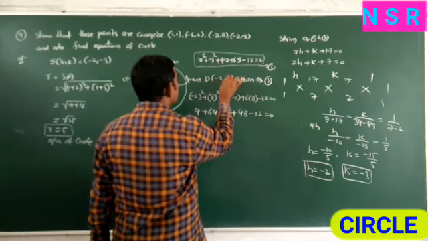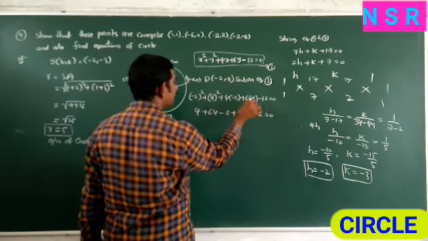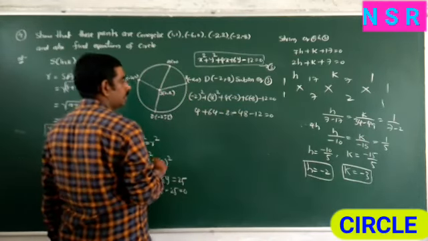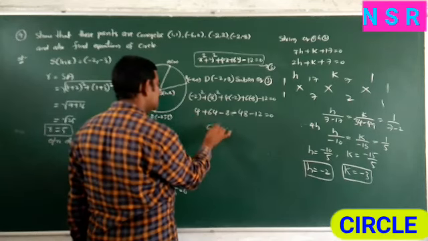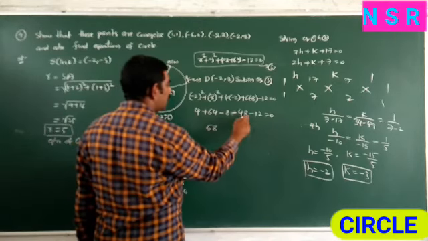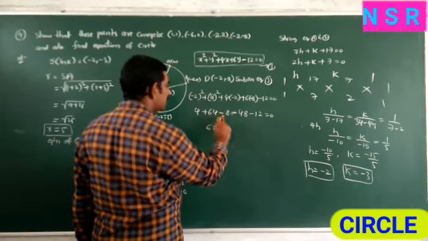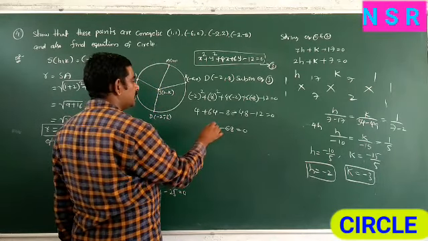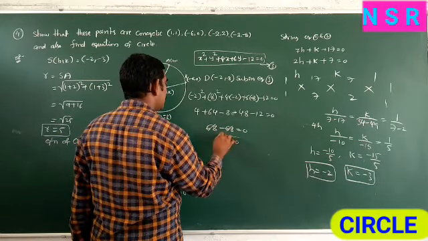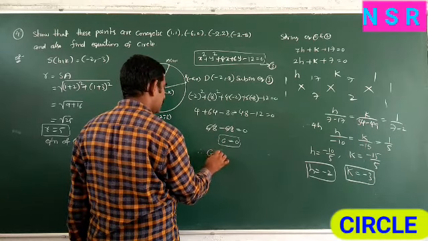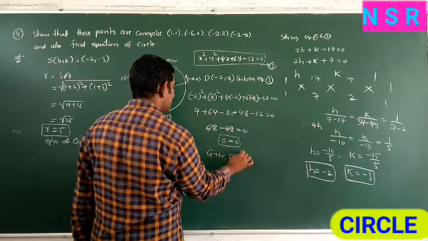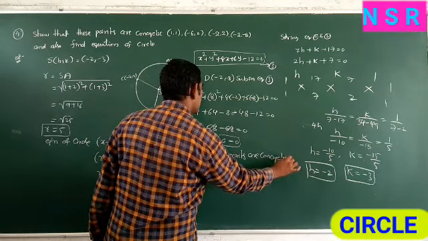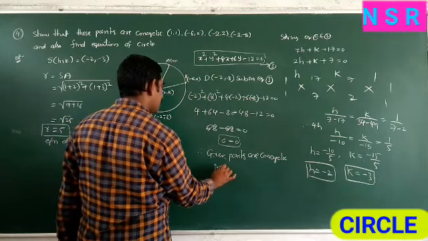So we get 64 plus 4 is 68, 48 minus 12 is 60, plus 8 is 68, and then we have minus, so we get minus 68 equal to 0. So plus 68 minus 68 get cancelled, 0 equal to 0. Therefore the given points are concyclic points.